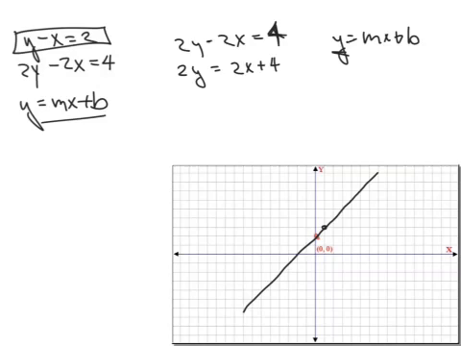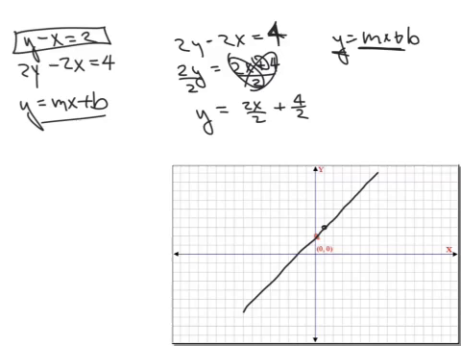Notice I put the 2x first. It has to be first in order to be in slope-intercept form. Now I divide by 2 and divide by 2. So I have y equals, and then you split these up. Okay, you can always do that when you have a plus or a minus sign. You can put that over 2 and then that over 2. So that gives me y equals 1x plus 2.